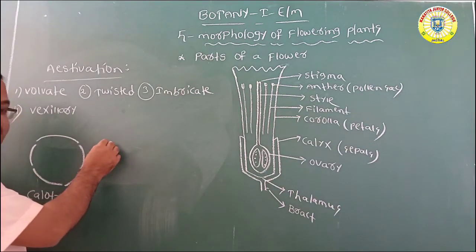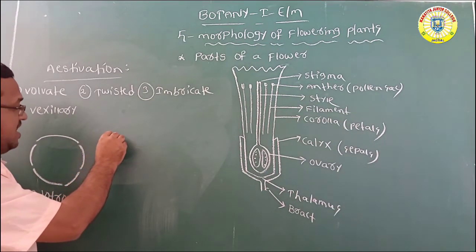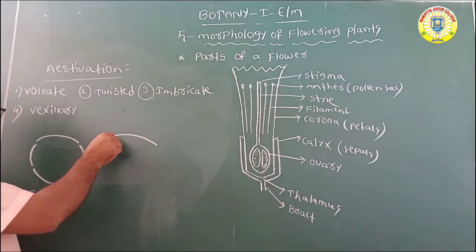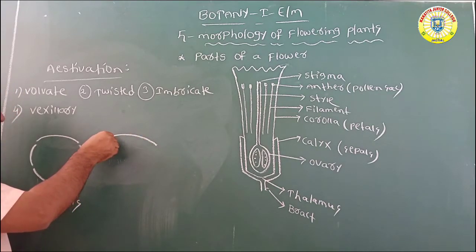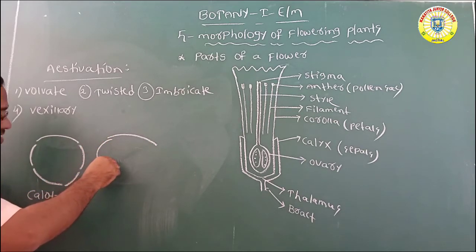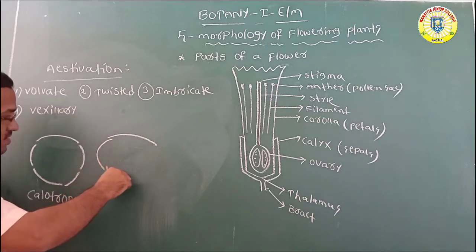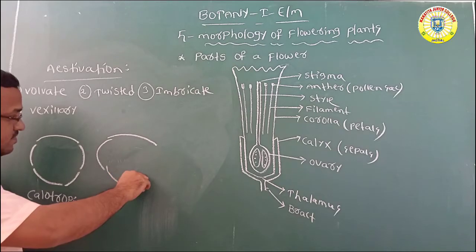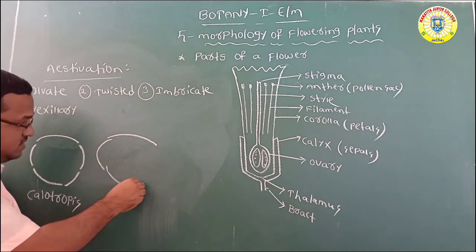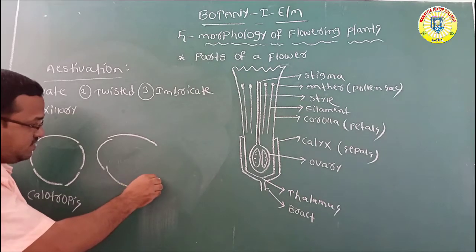If the margin of one overlaps another, here you can see it overlapping. Here this one overlaps the next one. Okay, here you can see clearly, and this one overlaps the next one.